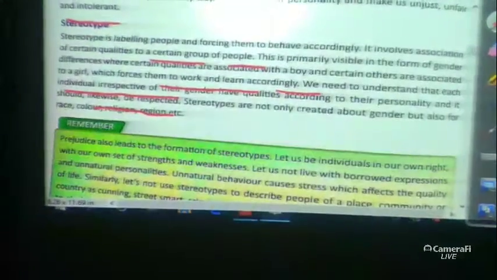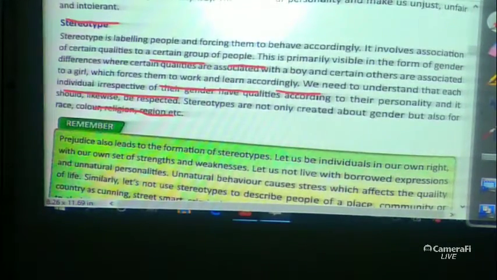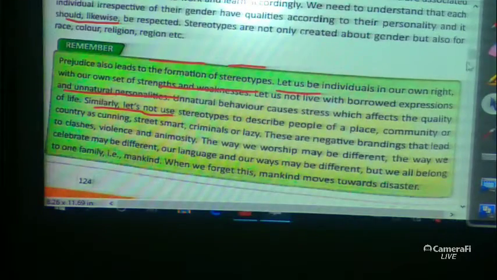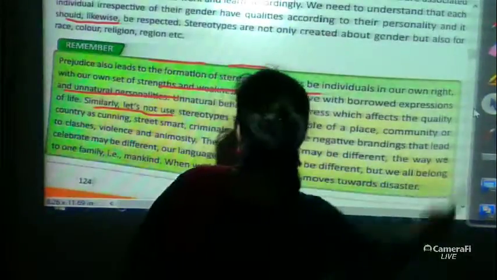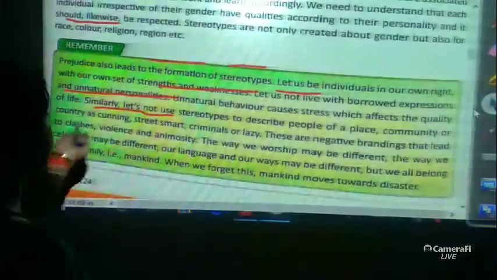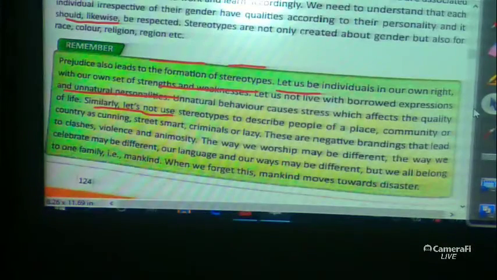Now we should remember that prejudice also leads to the formation of stereotypes. Let us be individual in our own right, with our own set of strengths and weaknesses.